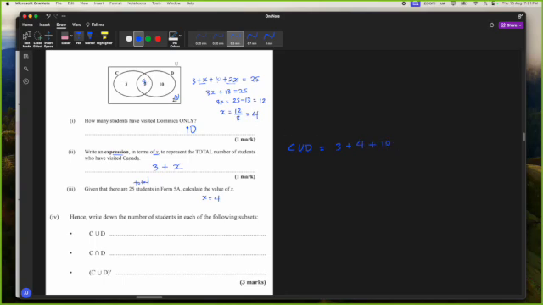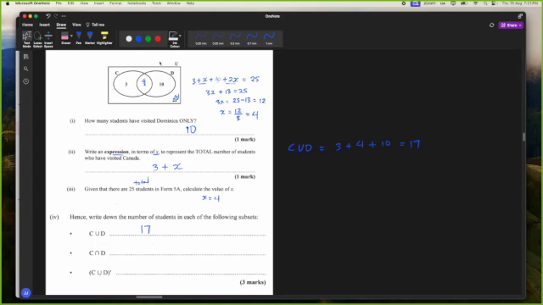That is C union D, everything inside of these 2 circles here. So 3 plus 4 plus 10 is 17, I believe. Tell me if I do that wrong. You know, the easier the question, the easier it is to make a mistake, right?